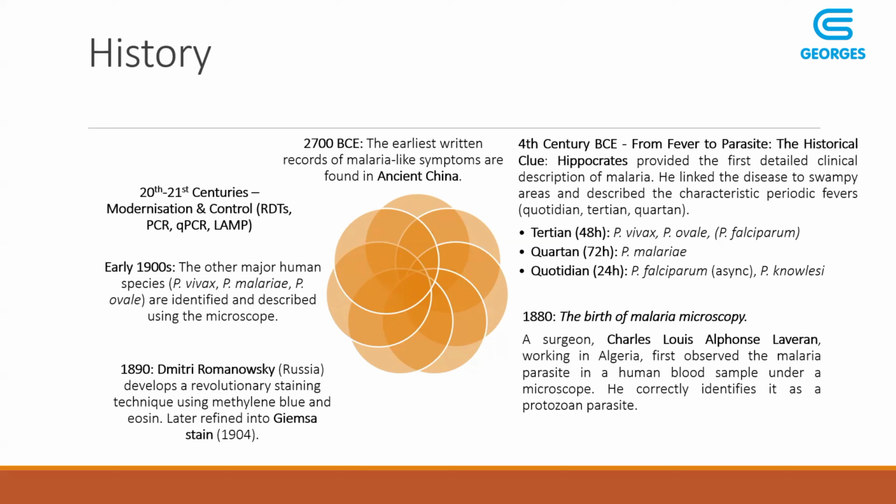And then 10 years later, we have a Russian named Dmitry Romanovsky, who developed the Romanowsky stain using methylene blue and eosin. And then in the early 1900s, major human species were identified and described using a microscope. And then we now have advanced methods for quick identification of malaria and more sensitive methods like PCR, qPCR, and LAMP.